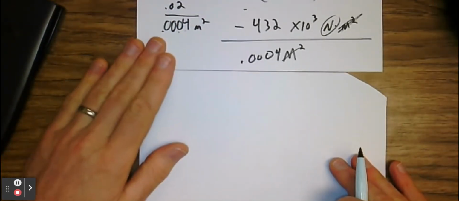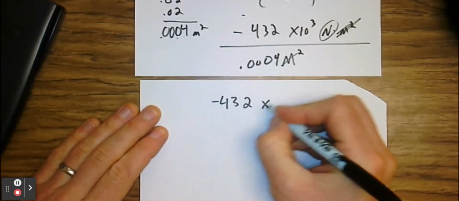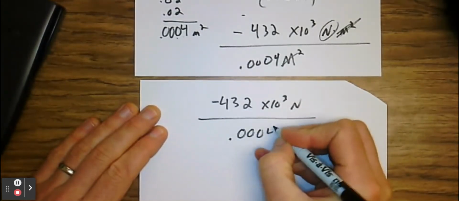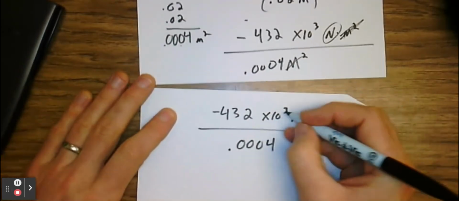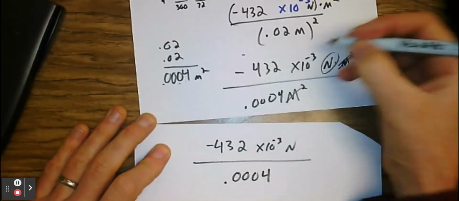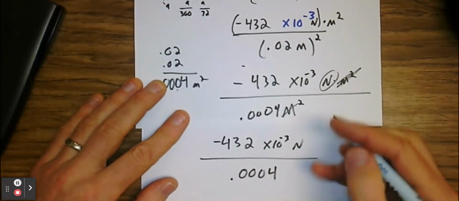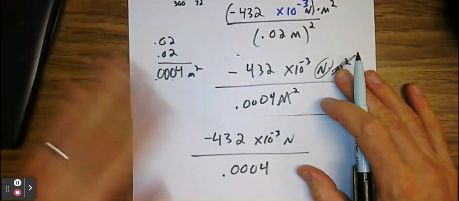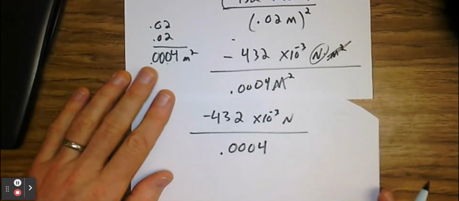Oh, this is a negative 3, not a 3. That's important. Don't forget those negatives. Now, how do I simplify this? Well, you can use a calculator. You can also just do some simple things about exponents.